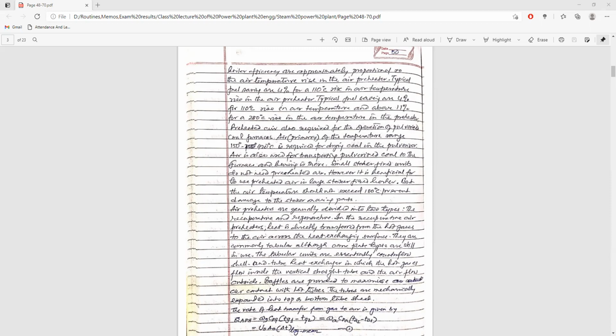The tubes carry the gas, and the surrounding air is heated by the heat of the tube itself.